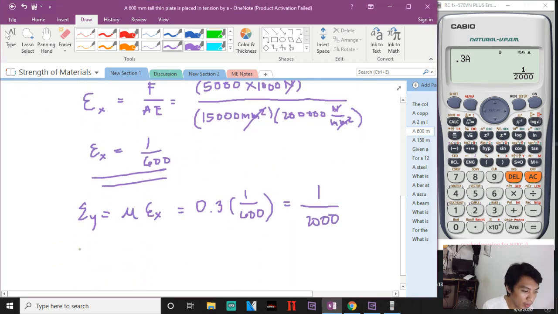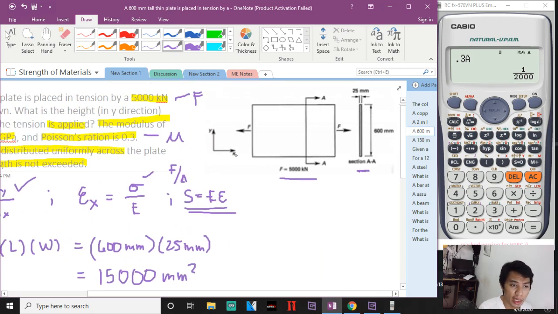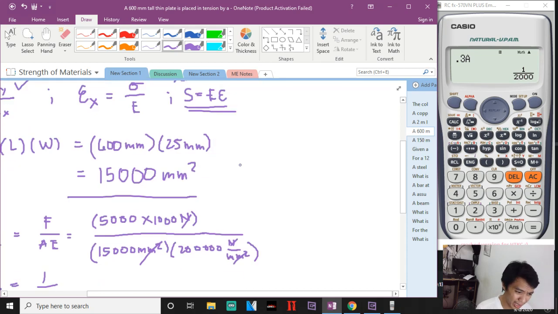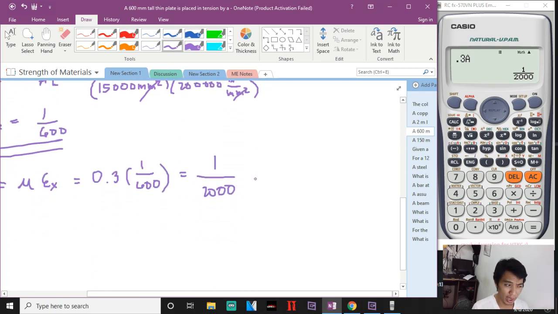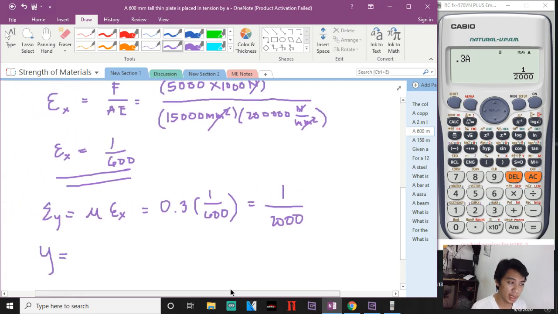Y is, tignan nyo, saan ba nagkaroon ng strain? Diba? Ang lateral strain mo is in the entire length lang nito. Yung pataas. So, you have a height na ganito and then meron kang naging strain. That is stress divided by the elasticity. Now, you will have the total height or Ly minus mo yung iyong lateral strain.